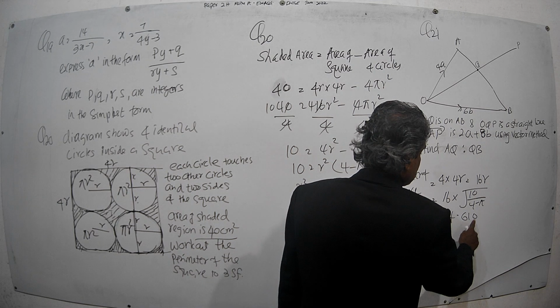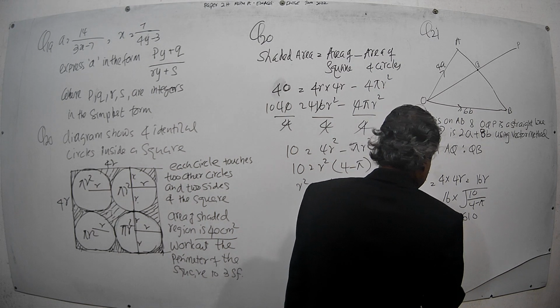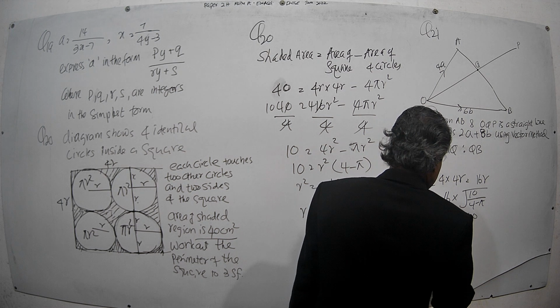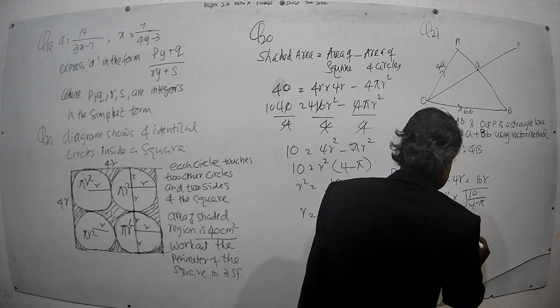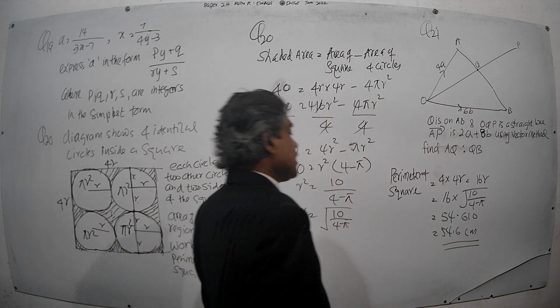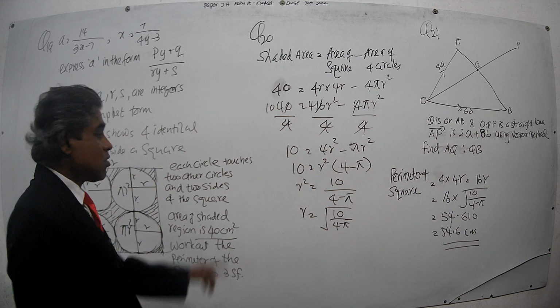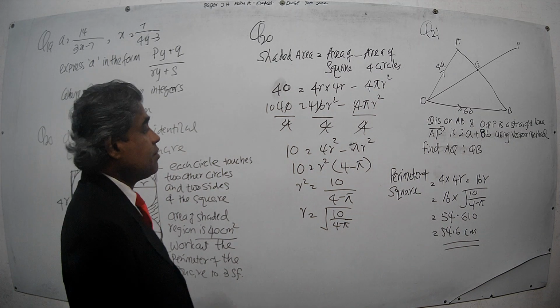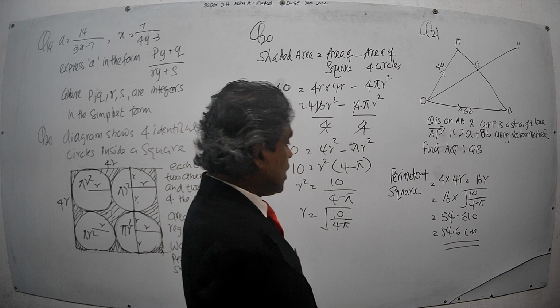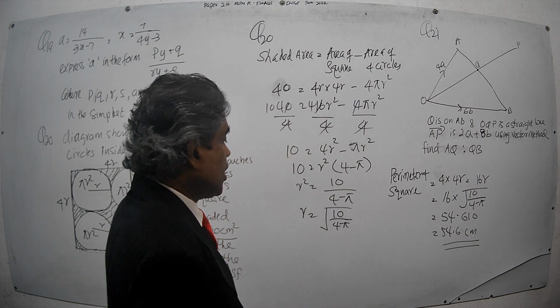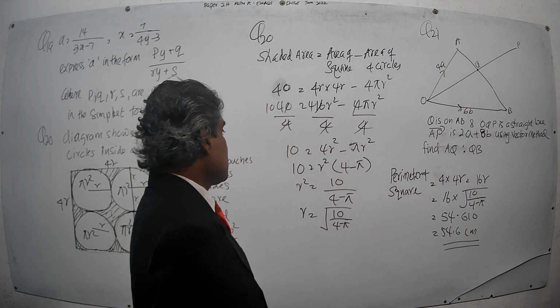The third one is 6, the fourth one is less than 5. Therefore, the answer will be 54.6 centimeters, because area is given in square centimeters. So that is the answer, perimeter of square, correct to 3 significant figures.